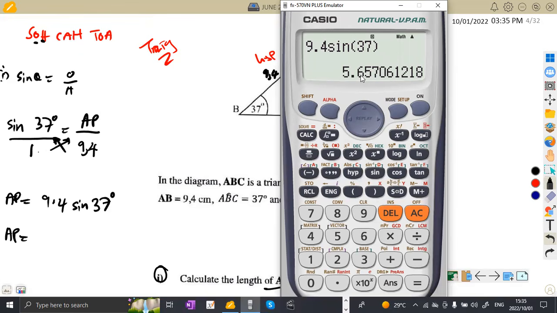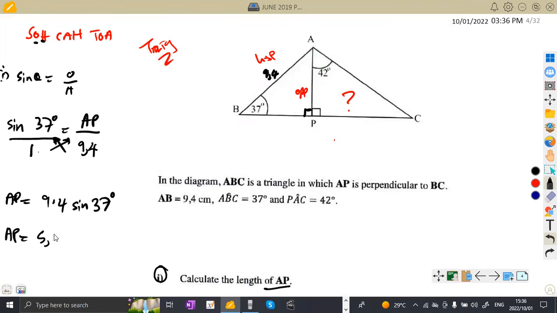To 3 significant figures, it can be 1, 2, 3. The 7 is going to change this 5 into 6, so it can be 5.66. That's what you can have in centimeters in this case. So you just round off your answers properly, guys. That is the most important part, to round off your answers properly.